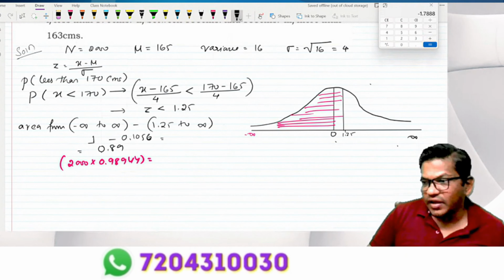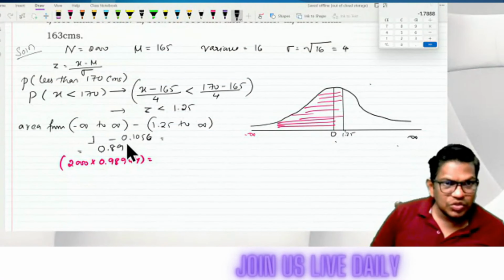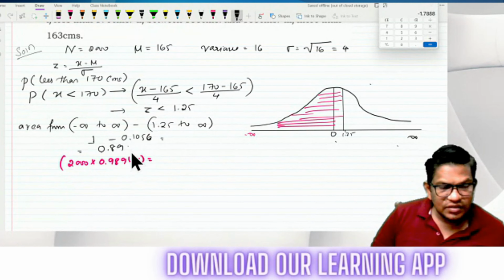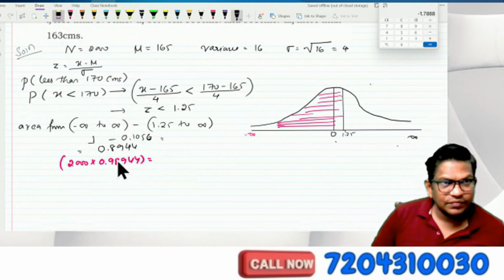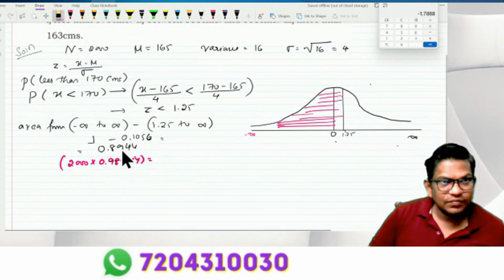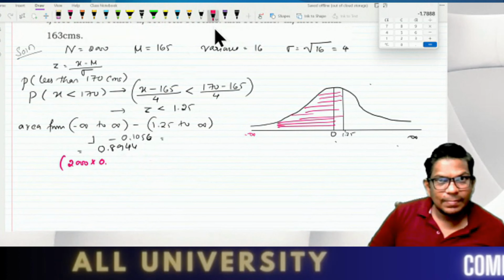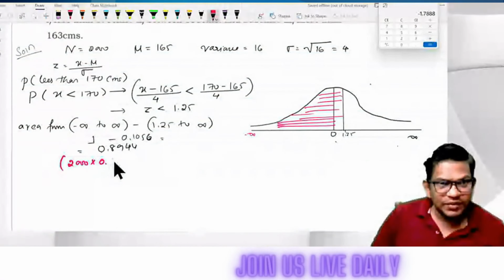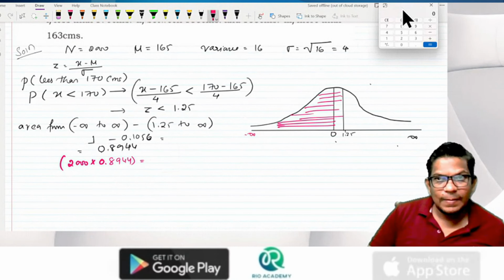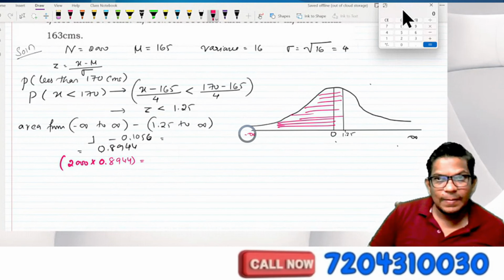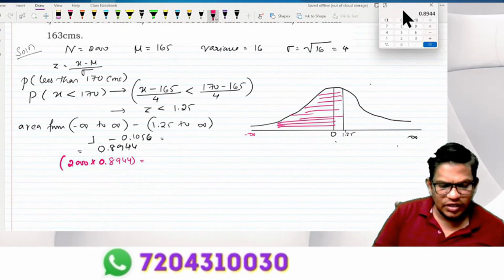0.89, right? Viharika? Yes, sir. 0.89. What is next? 44. Just multiply with this now 2000 number. 2000 multiplied by 0.8944.